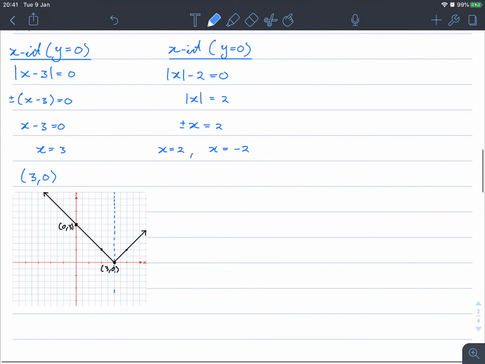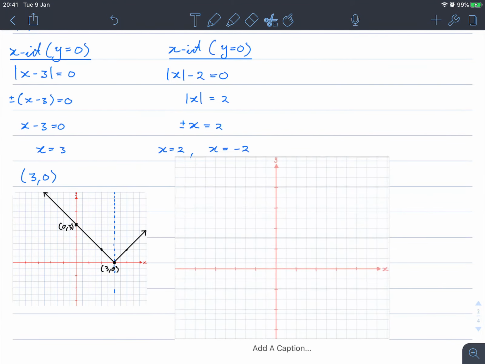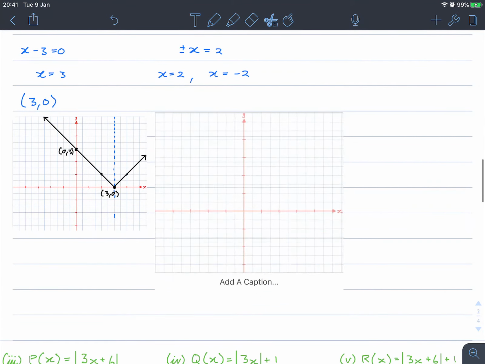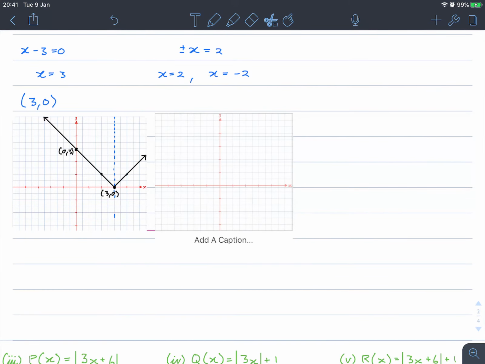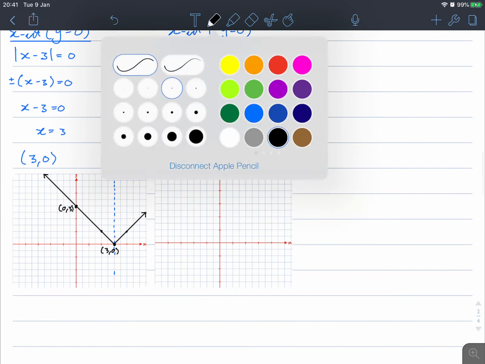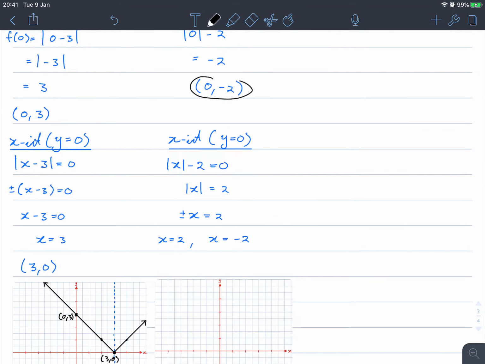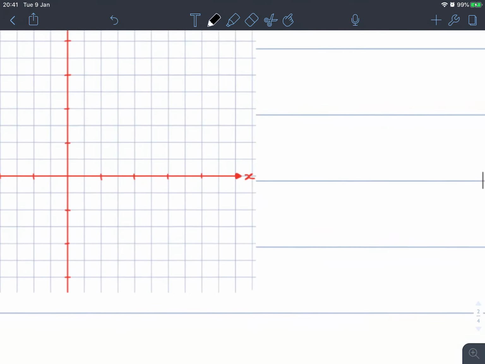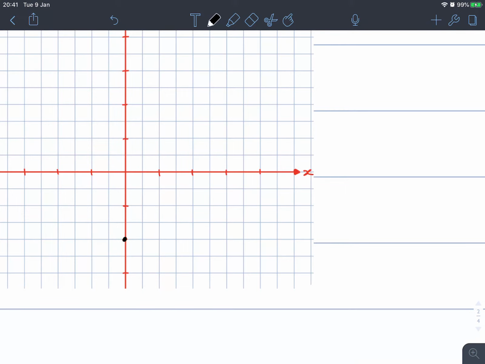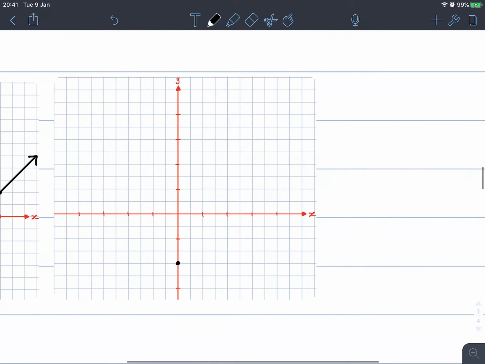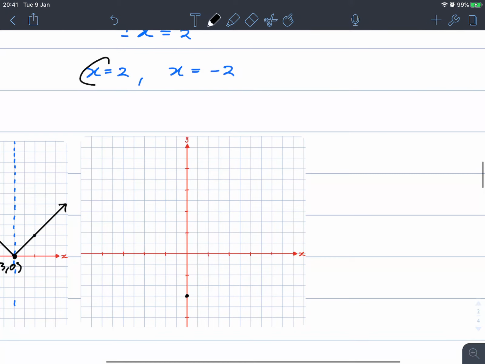Okay, let's take a look at what this would look like. Let me manage this size for a bit. There we are. So my y-intercept is at (0, -2), and my x-intercepts are at positive 2, which is going to be here, and negative 2, which is going to be here.